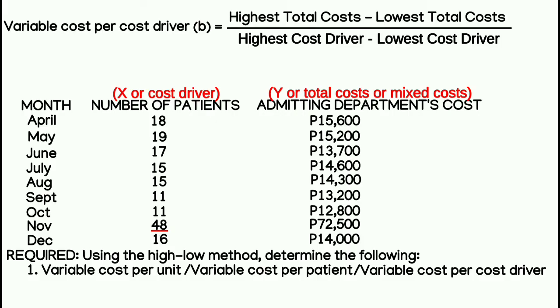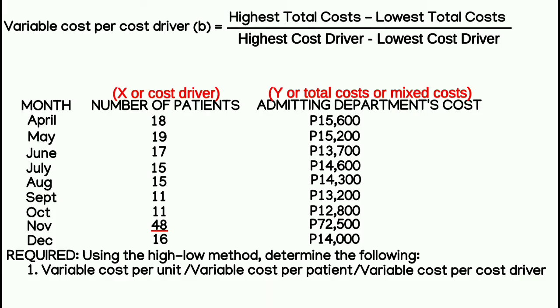That means yung 48 ay outside na ng relevant range or beyond the relevant range. Remember, meron tayong tinatawag na relevant range assumption. At ito na yung application ng relevant range assumption.